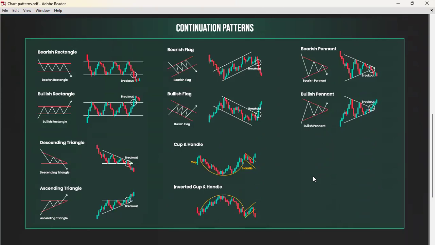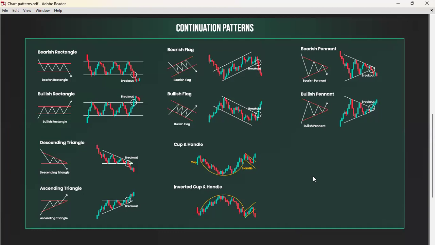Now, let's come to continuation patterns. What we have just treated are reversal patterns. Reversal, I told you, means if price was initially in an uptrend, there's now a higher tendency of it moving in the opposite direction in the future. Now we have continuation patterns.